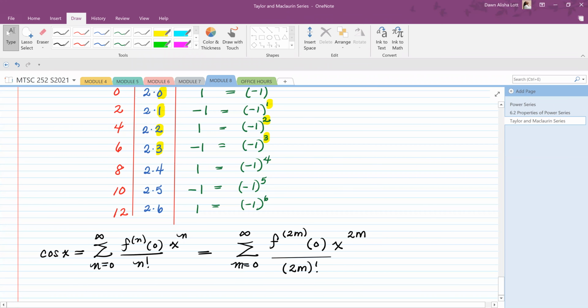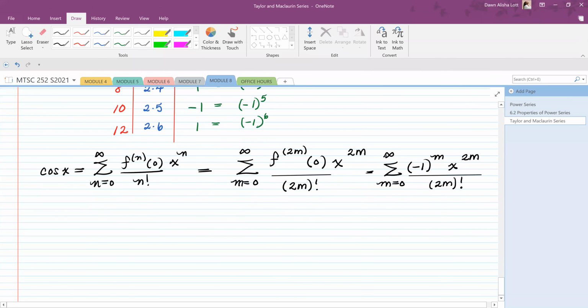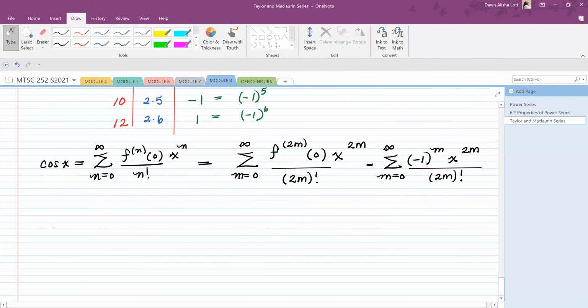So this then becomes the sum of m equals 0 to infinity of -1 to the m, x to the 2m divided by 2m factorial. And that's what I get. So that's the cosine series, the Maclaurin series for cosine.